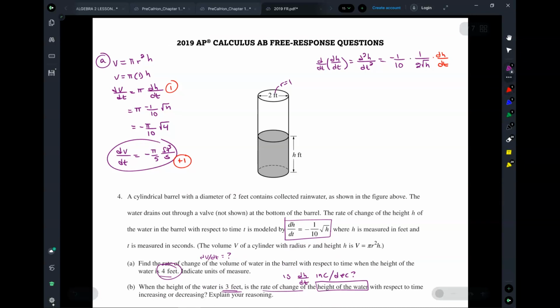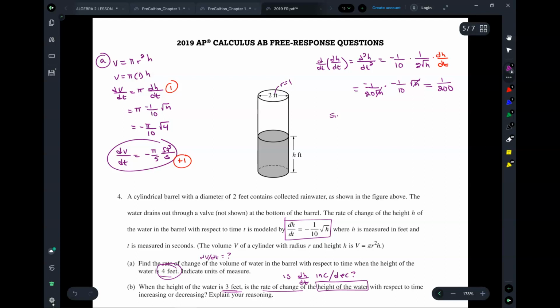This is negative 1 over 20 root h times negative 1 over 10 root h. Look at what happens: the root h's cancel, and this is just positive 1 over 200.